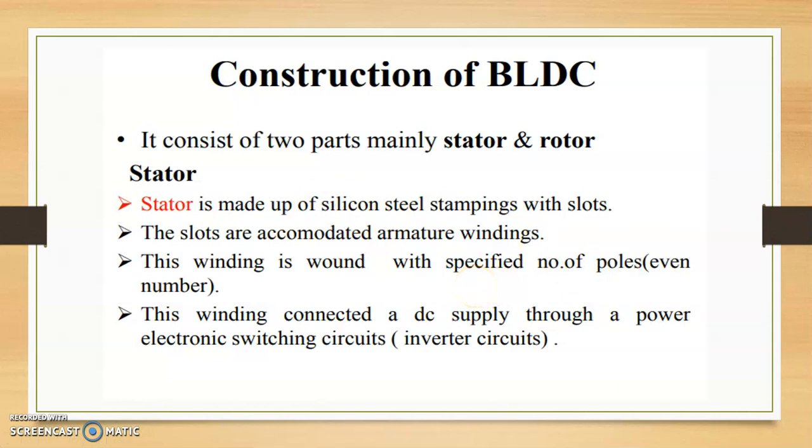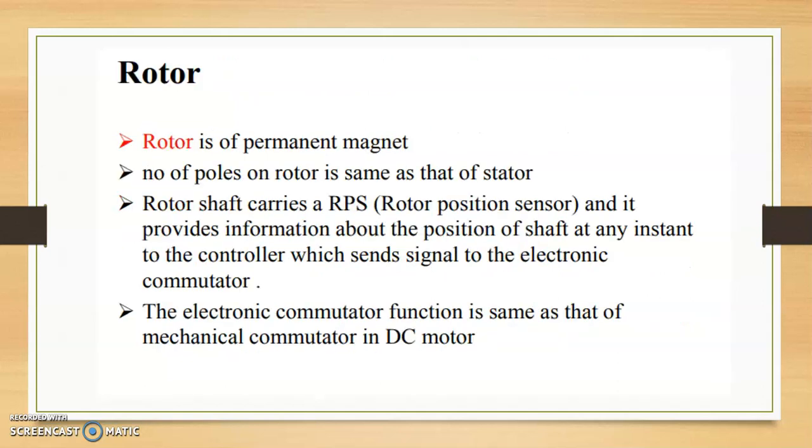Mostly in drone kind of applications we use high-speed operation. In that case we require a large amount of current, so the number of poles will change, and the winding is connected to the DC supply, which is given to the electronic commutator, and then it is fed to the stator supply.